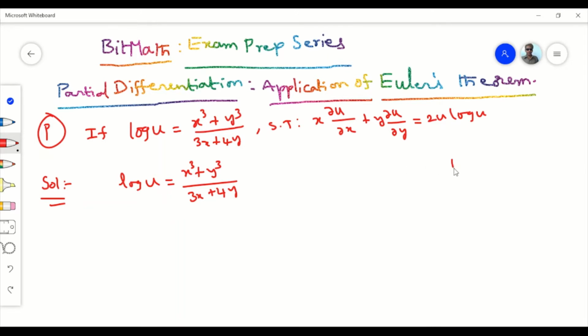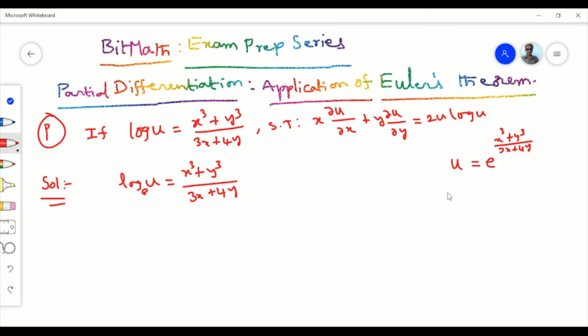What is u from this? u equal to e power, because let us take it as a natural log, u to the base e. So u must be e power this x cube plus y cube by 3x plus 4y.